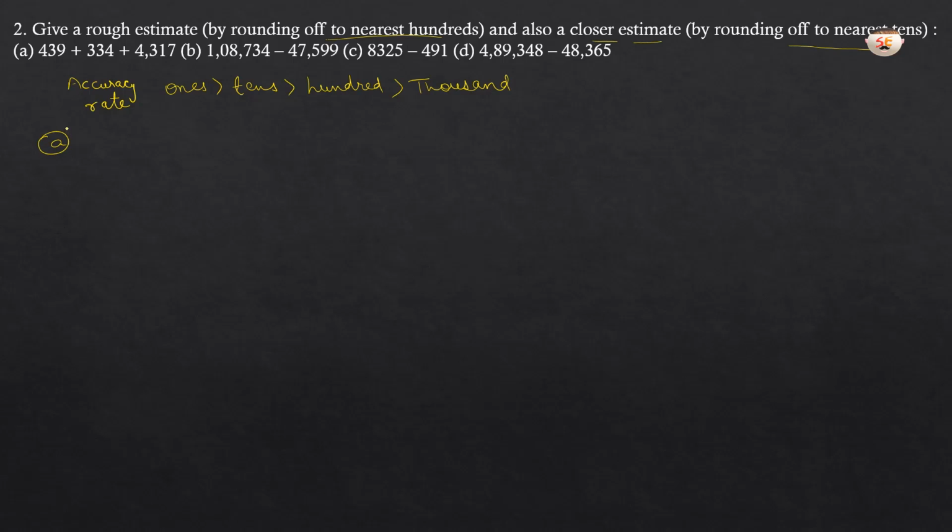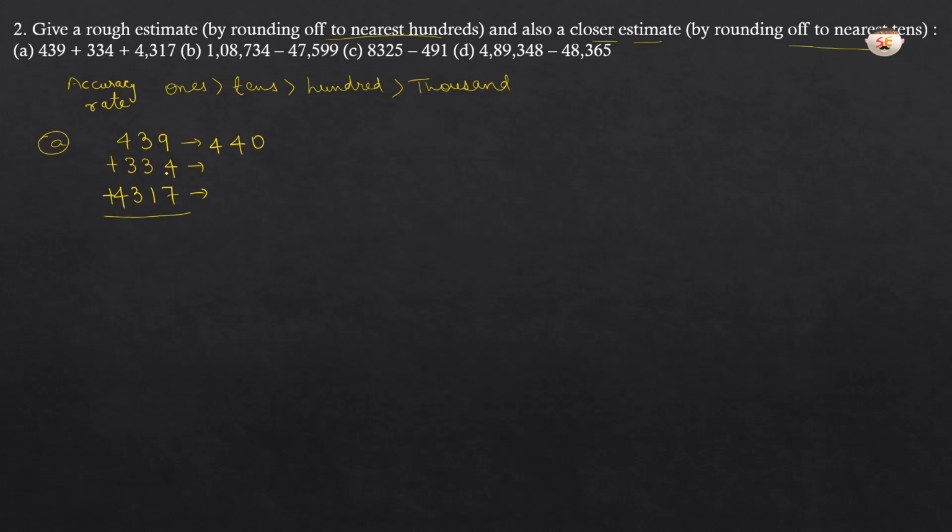Question number A is to add these three numbers, that is 439 plus 334 plus 4317. Before adding these three numbers, we will round off these numbers correct up to the nearest tens first. After rounding 439 correct up to the nearest tens, we will get 440.